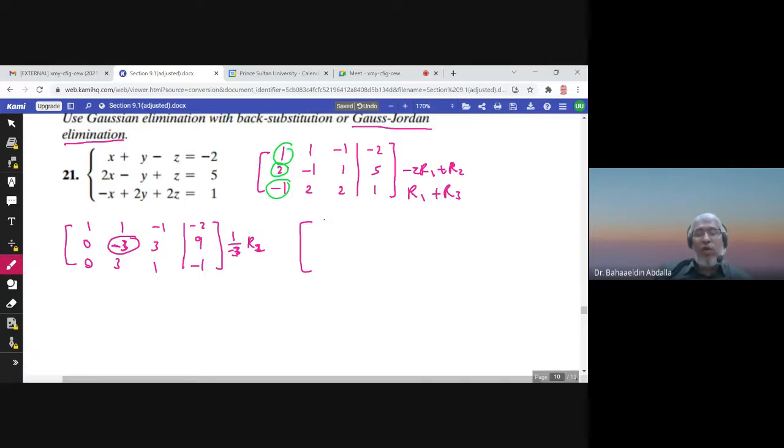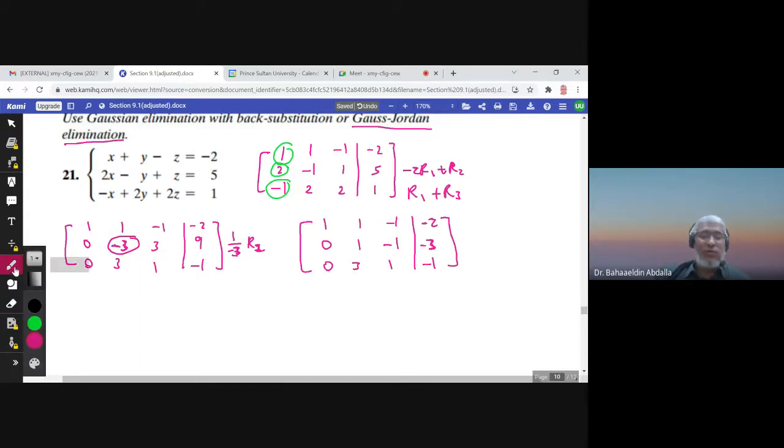So 1, 1, negative 1, negative 2, 0. Negative 3 divided by negative 3 is 1. 3 divided by negative 3 is negative 1. 9 divided by negative 3 is negative 3. The third row as it is. Now what to do? Gauss Jordan.